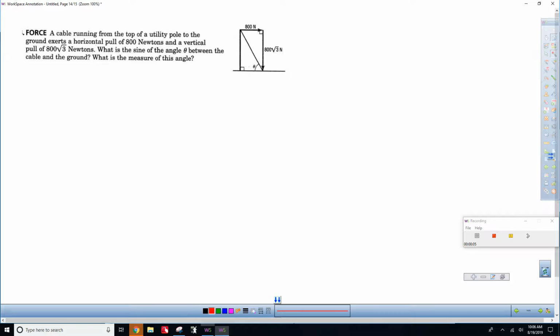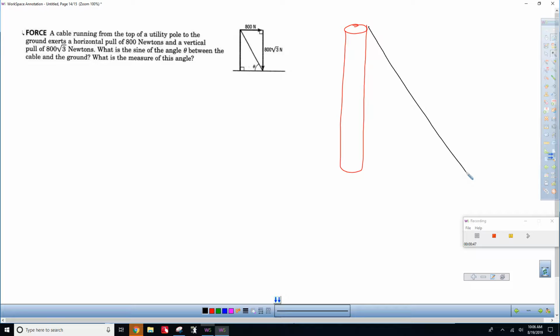All right, here we go. So this is question 15 from worksheet 13.3. Pretty common problem. We got a cable that's supporting a pole. So really, you got a telephone pole, and then you've got a cable that's holding it up.